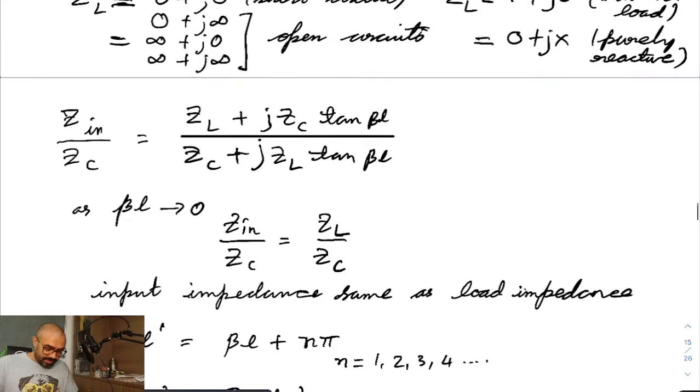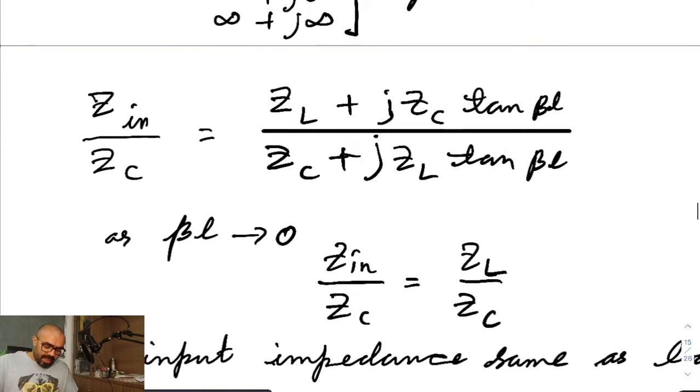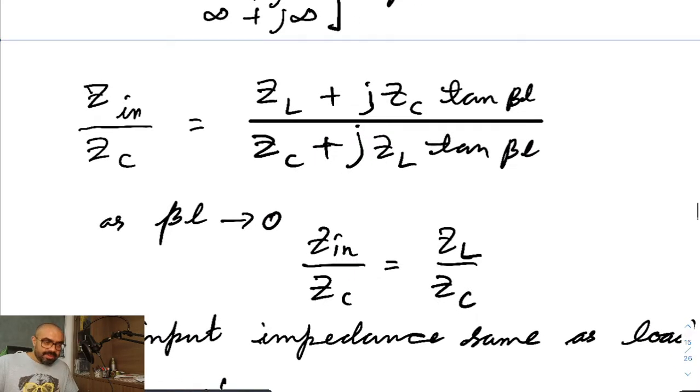So in a transmission line, the input impedance seen at any length of transmission line is a complicated function of length, as we saw in the last video. This complicated relationship makes it difficult to analyze or synthesize transmission line based circuits and systems.